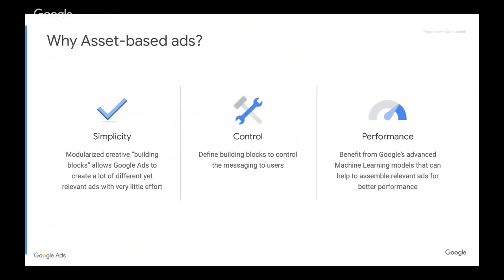So maybe we should show a standardized banner to the user, or maybe we should actually go for a native ad. Based on all the information that we have on the users, we actually know which kind of message resonates better with certain types of consumers. And if you were to have a standard static banner, you couldn't dynamically populate the banner with different types of information based on what we know of the end consumer. So that's why it also drives insanely better performance.